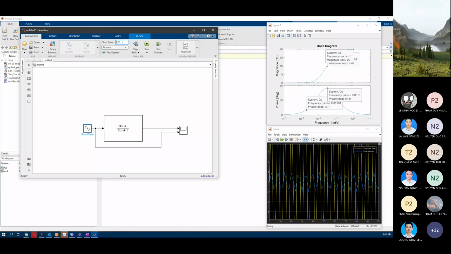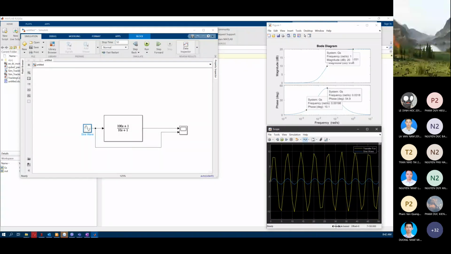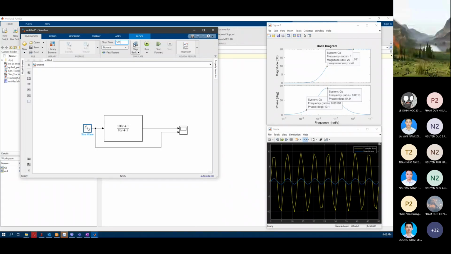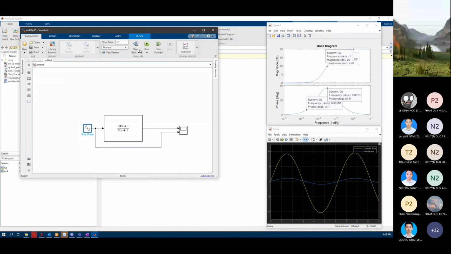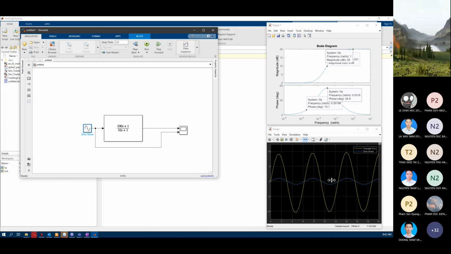It should be about 20, 50. 1 radian per second is too big. Yeah, it's okay. Here, 20. Yeah, it's okay now.